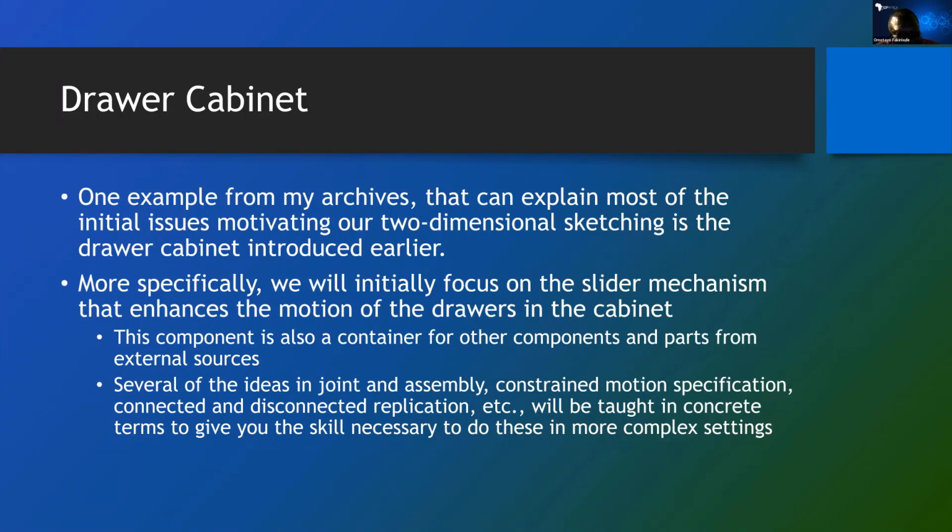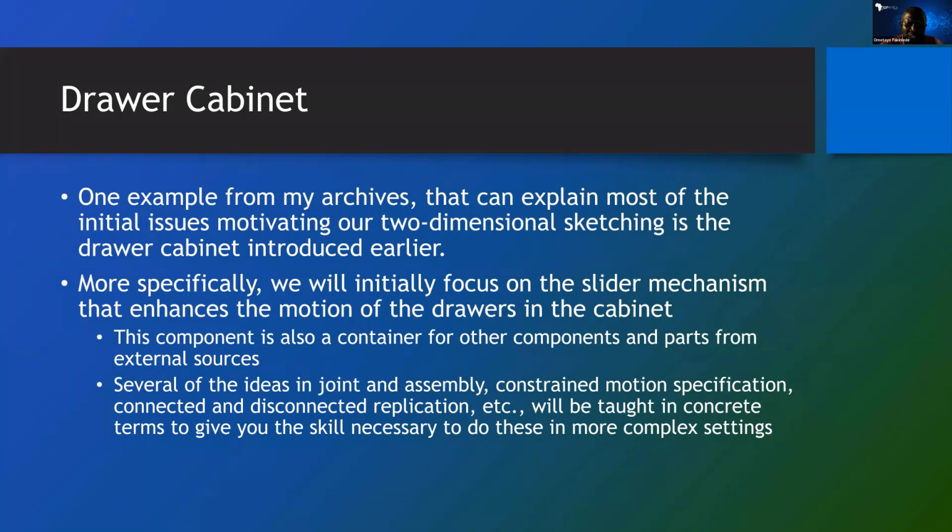We will take a look at that and spend time gaining valuable experience by taking a look at that particular example. This component is a container for other components, and several ideas in joint assembly, constrained motion specification, connected and disconnected replication, etc., will be taught in concrete terms to give you the skill necessary to do these things in more complex settings.